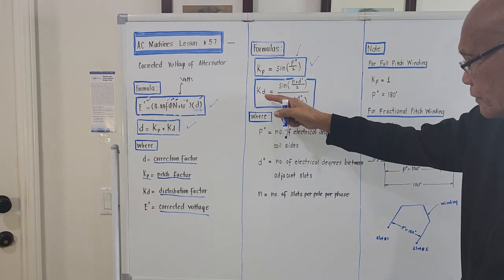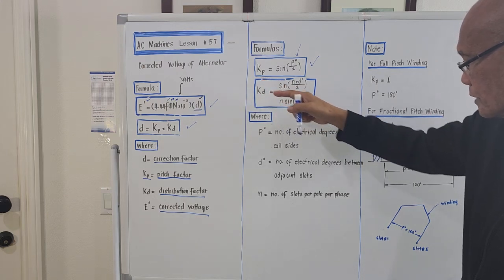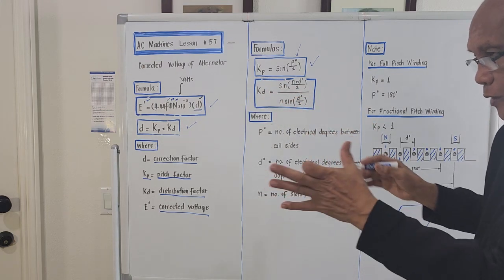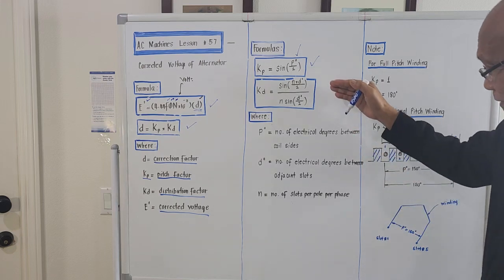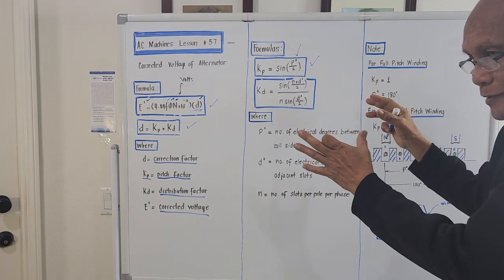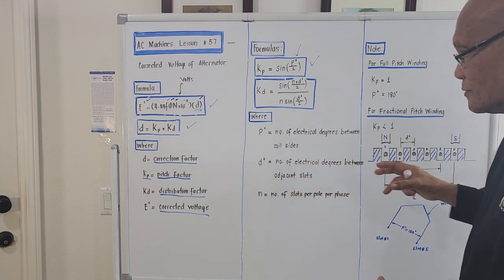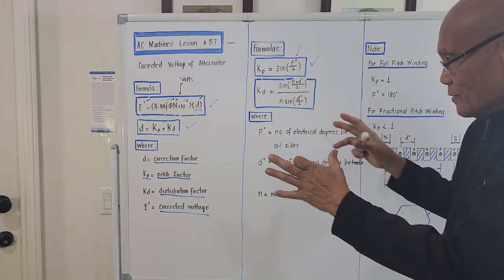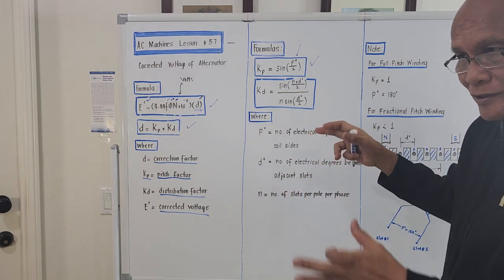And the distribution factor, capital letter K with the subscript D, is a more complicated one. So, I put a square on it. When you watch my video, you will see it clearly.